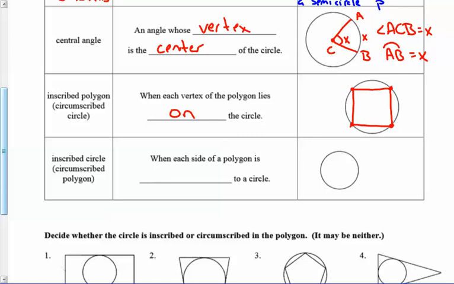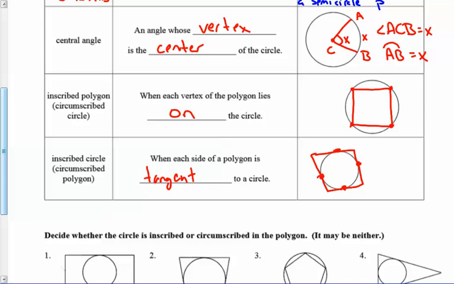When it's circumscribed, it's on the outside. So an inscribed circle means it's on the inside. A circumscribed polygon is the same thing, it's on the outside. So it's tangent at each of these 4 points. Each side must be tangent to be circumscribed, and each vertex must be on the circle to be inscribed.